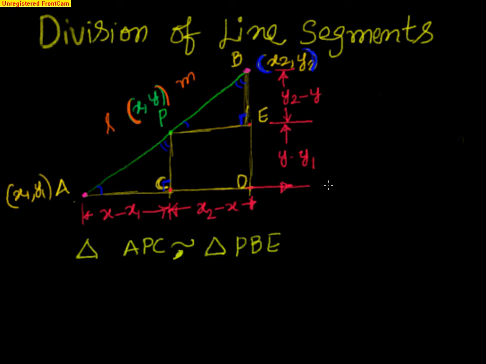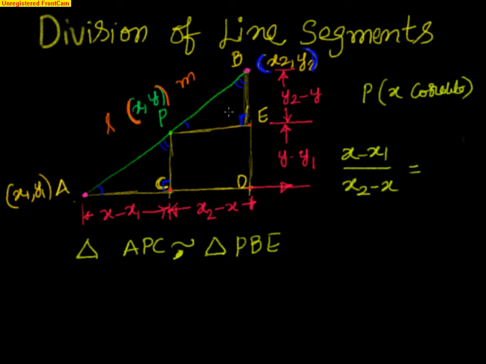Okay, now let's take the x coordinate. First I want to find out the x coordinate, that's nothing but x. I want to find out the P x coordinate. So I will compare horizontal distances. In these two triangles, what are the horizontal distances? x minus x1 and x2 minus x.